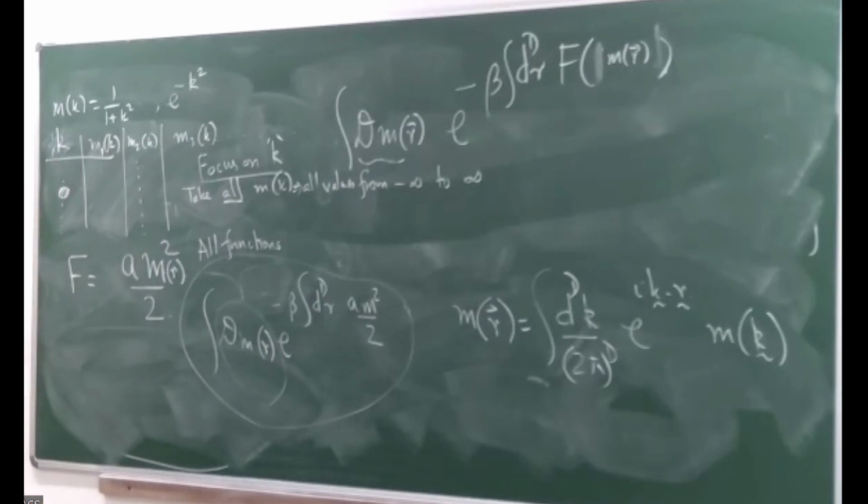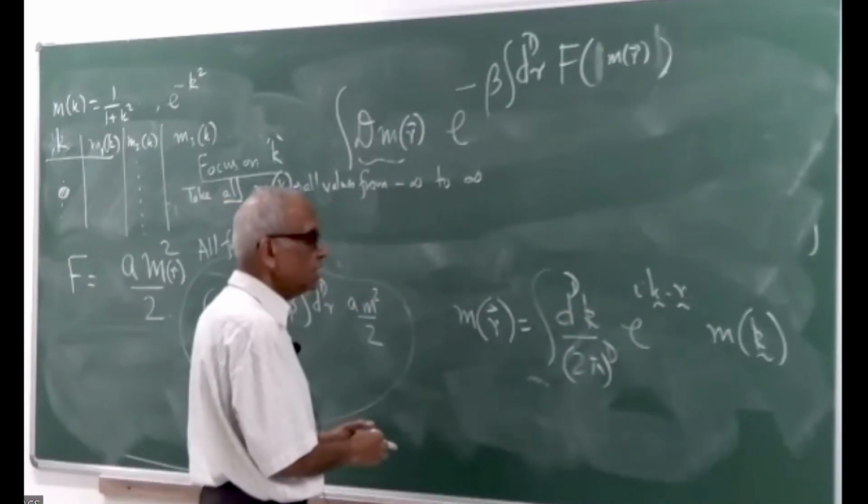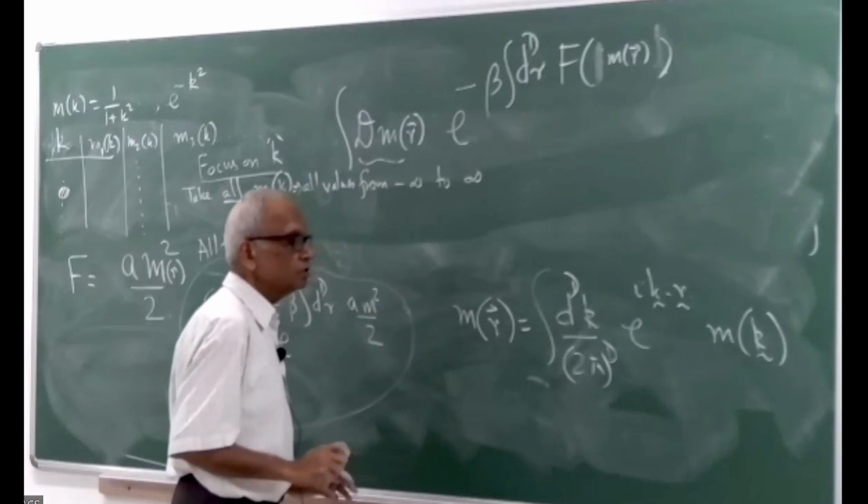Then you take another k, and you do the same. And when you have gone through all possible k's, you have exhausted all possible m of k's that are there, and therefore got all the m of r's.